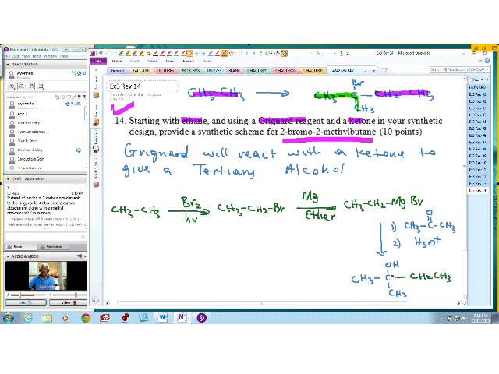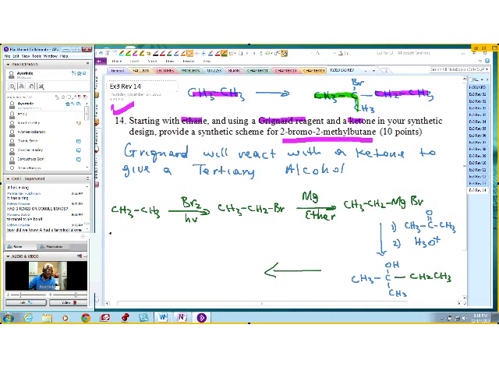Okay, now once you form your tertiary alcohol, what reagent do we need to now make the desired product? Anybody has an idea? Okay, PBr3, excellent.